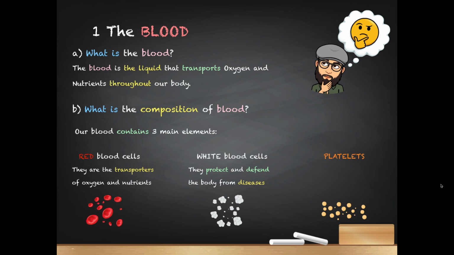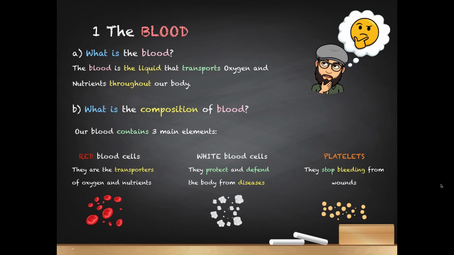And finally, platelets. What's the function of platelets? They block the bleeding, okay? When you fall to the ground and you get hurt and blood starts to go out of your body, platelets stop bleeding, okay? They block the wound, okay? So that's the function of platelets.